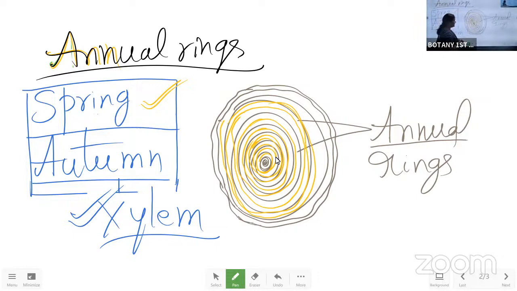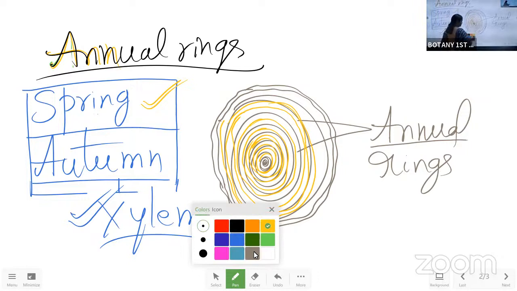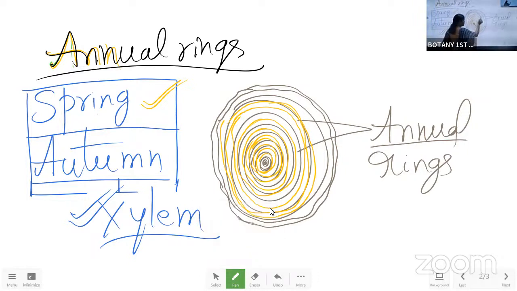Only one kind needs to be counted, because in 1 year there is once the spring season and the second is the autumn. During the autumn season, the dark colored rings are produced. Those are the brown colored rings.